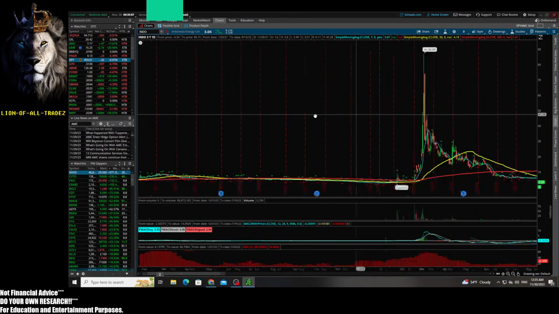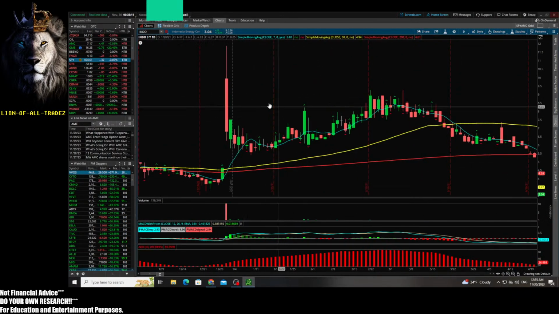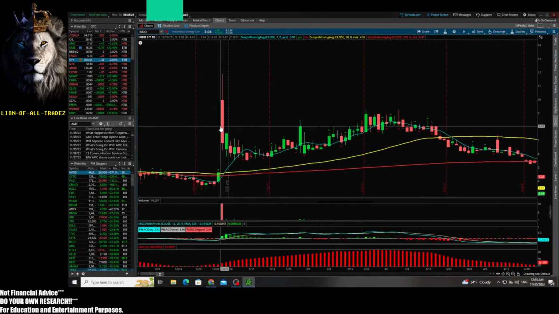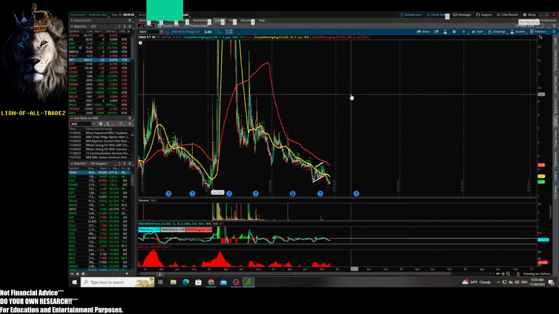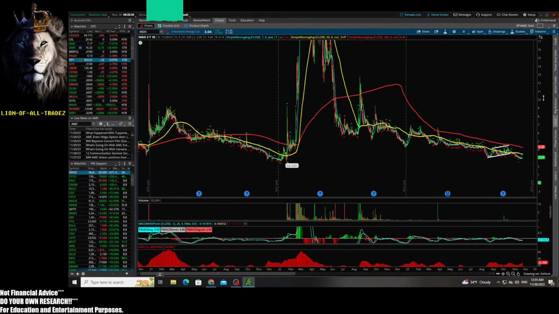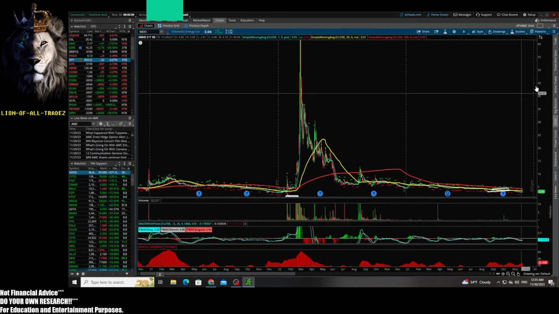And this thing, over the span of a couple of days, went from 3.88, almost $4, to hitting almost, what? Hold up, wait, I'm looking at the wrong run. Wait a minute, what is this? Oh, I'm looking at the wrong run. Damn, I'm tripping. Look at it right here.